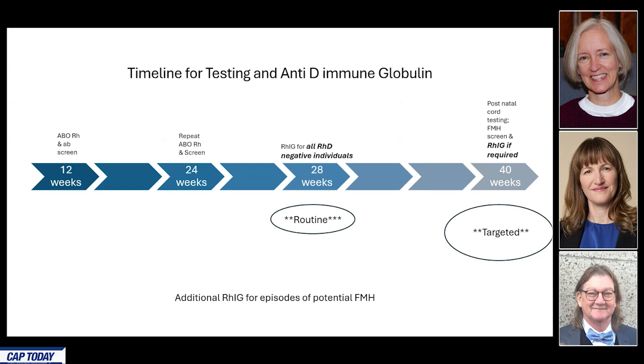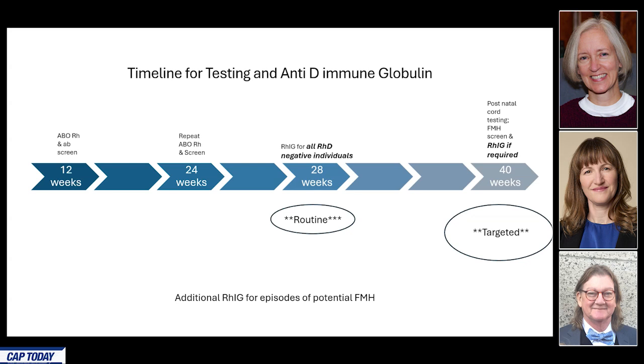And then in many pregnant individuals, a repeat ABO-RhD type and antibody screen is done around 24 weeks. And this is really considered confirmatory, that there is no anti-D that has developed in the interim. So then in those individuals who are RhD negative with a negative antibody screen, anti-D immune globulin, Rh immune globulin, is routinely given at about 28 weeks gestation.